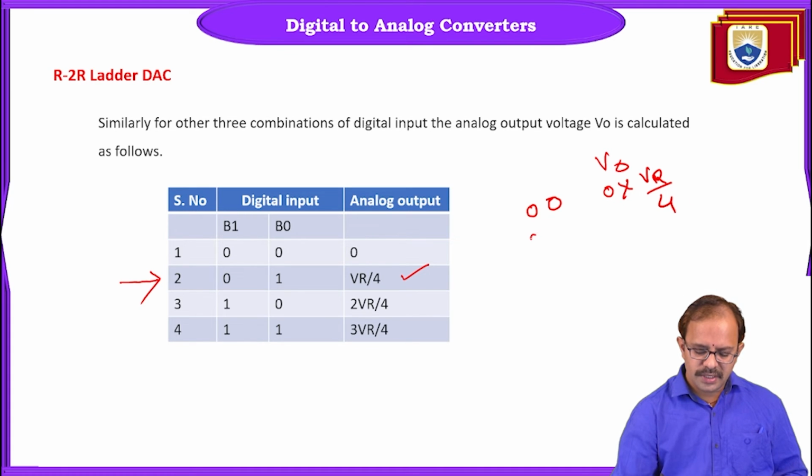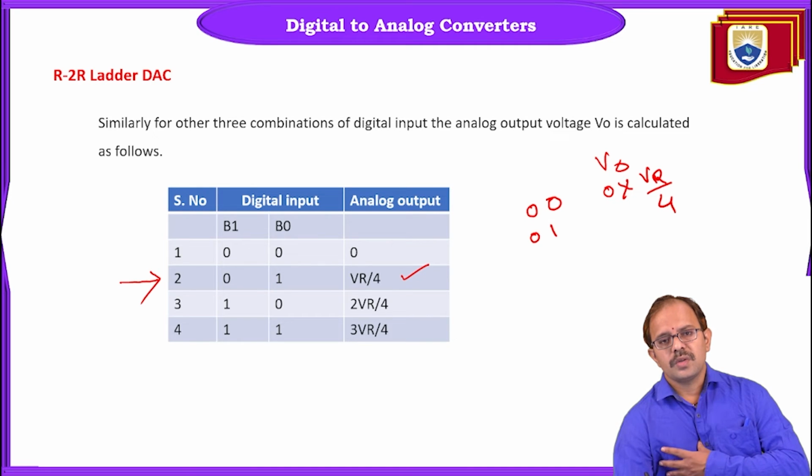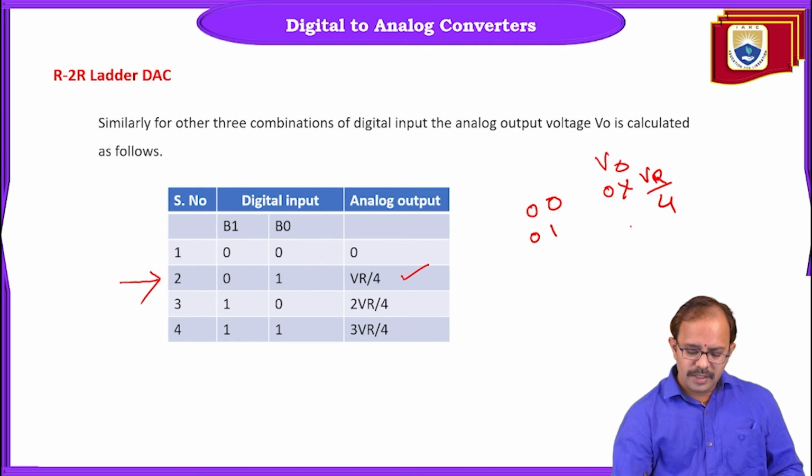And now for the binary data 0 1, where LSB is 1 and MSB is 0, we can represent this as 1 into VR by 4.